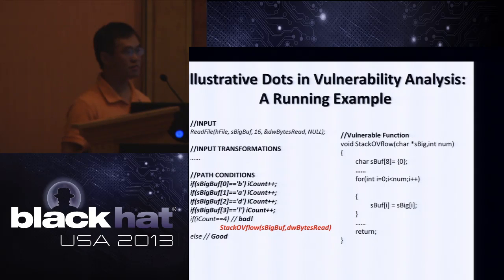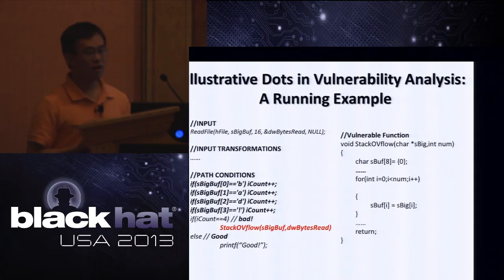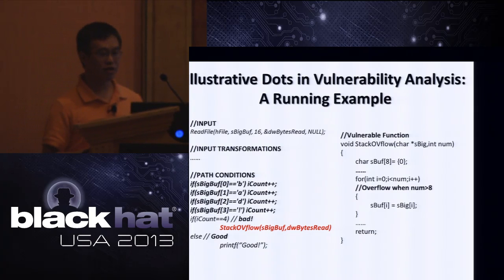But in most cases, it will just behave well. The vulnerable function here contains a buffer overflow, which might be triggered by certain input, but not always, because the input length has to be larger than the local buffer size.